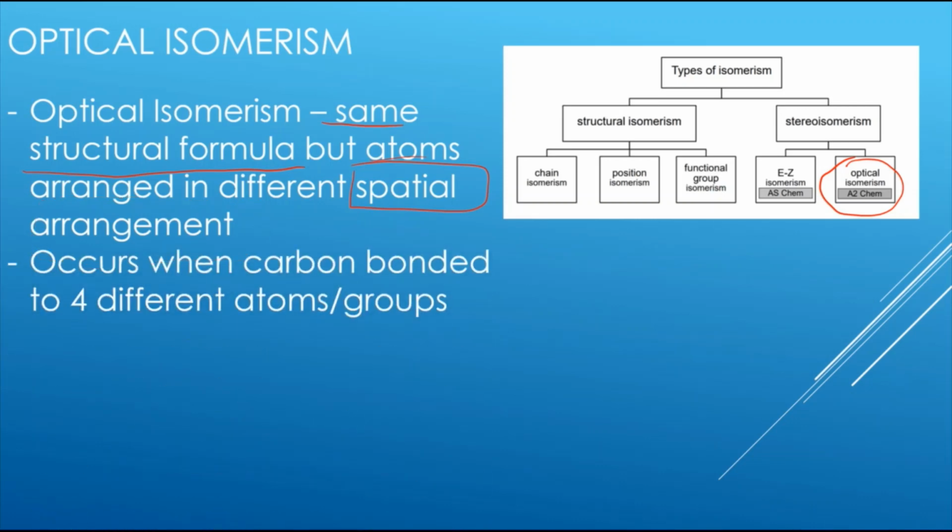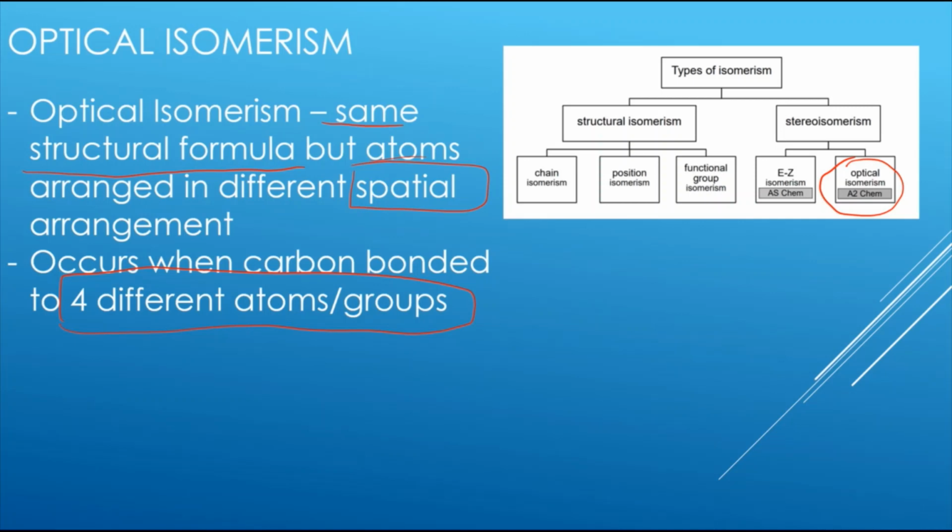This type of isomerism occurs when a carbon, or it can be any molecule, but we only really look at carbon at A level, is bonded to 4 different atoms or groups. So it has to be 4 different atoms or groups, exactly 4.